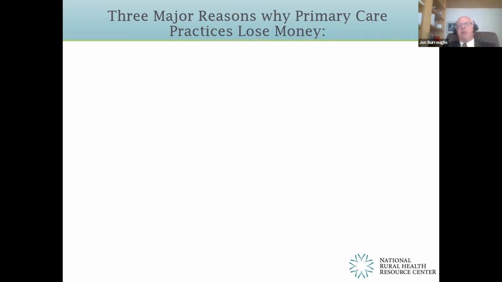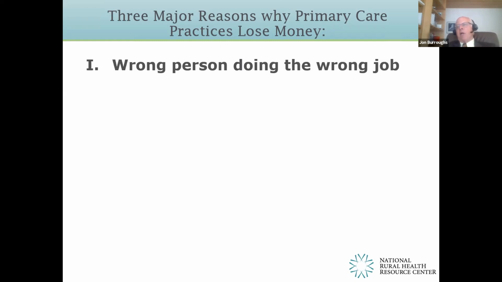Well, here's the 3 major reasons why you don't make money. The wrong person doing the wrong job. Most primary care can be done by highly qualified people, far below the level of a physician. Okay, now I'm sorry to say that, but it's true. I did primary care through the emergency department for a very long time.